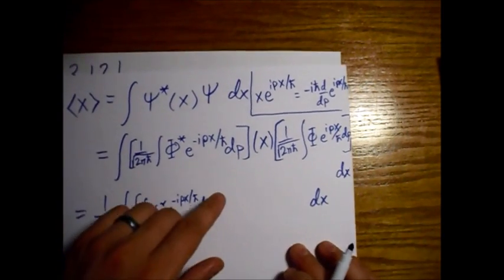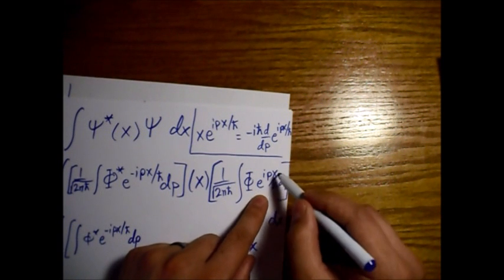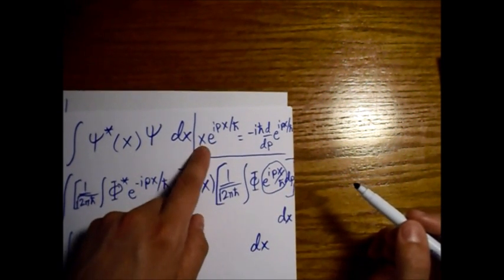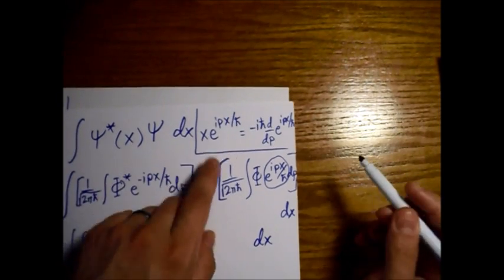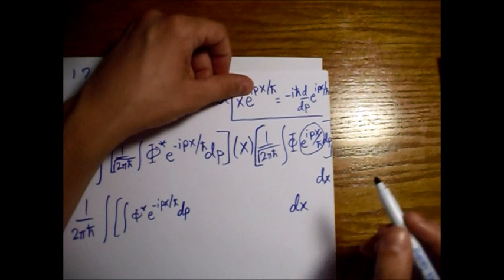So once we pull the x in, we have this side, and we're just going to swap that for this other side.